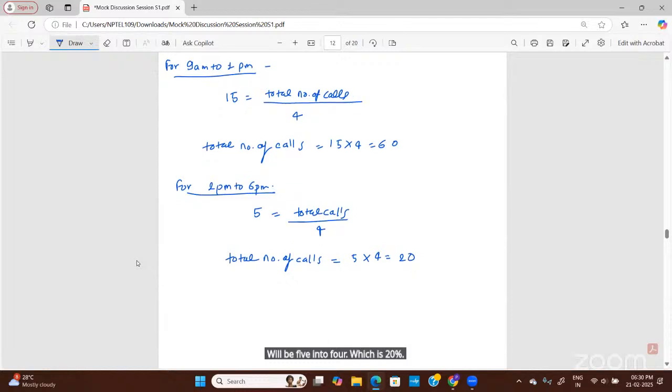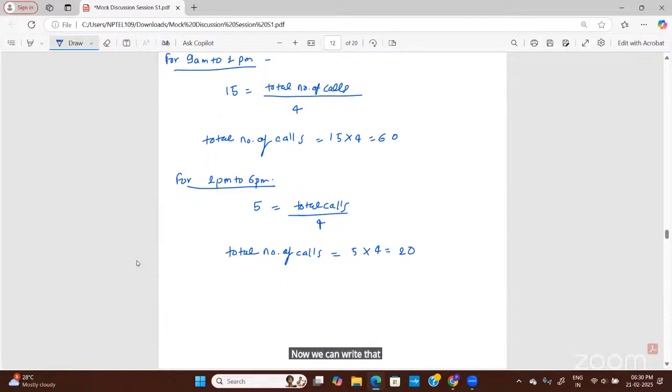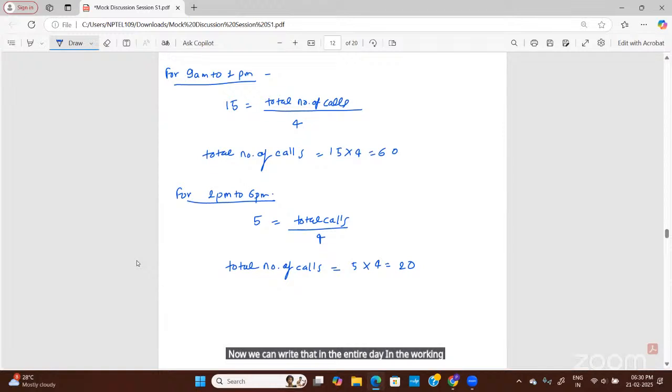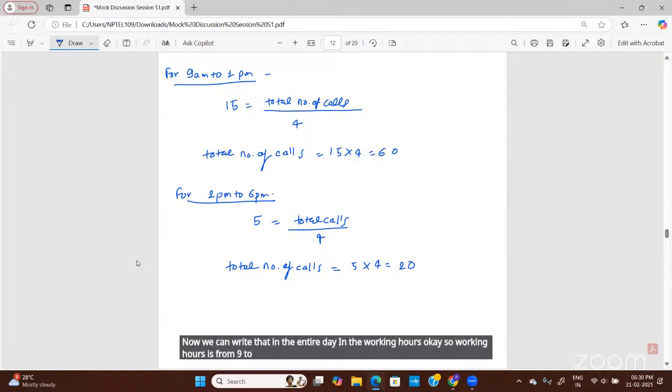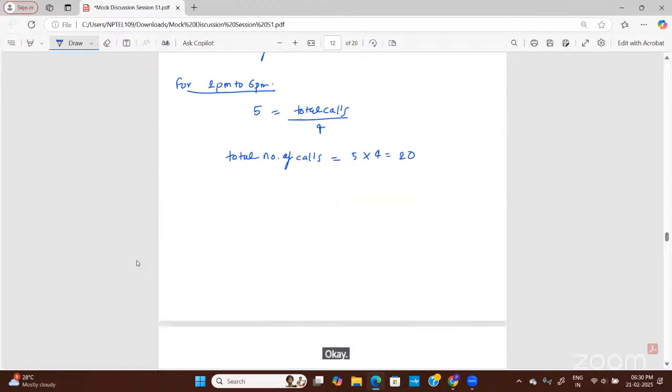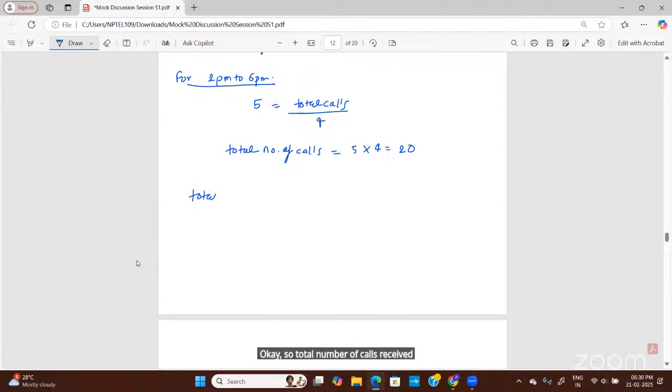Now we can write that in the entire day, in the working hours. So working hours is from 9 to 1 and 2 to 6. So total number of calls received in working hours will be equal to 20 plus 60, right?